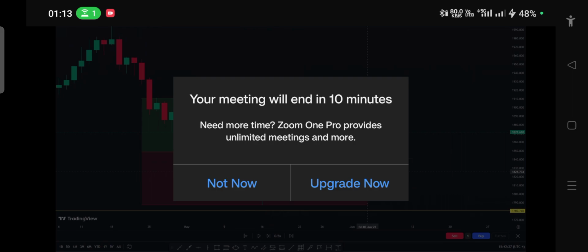So now buy side target. Again buy side. Now bias is changed. Price has violated this low on a closing basis.